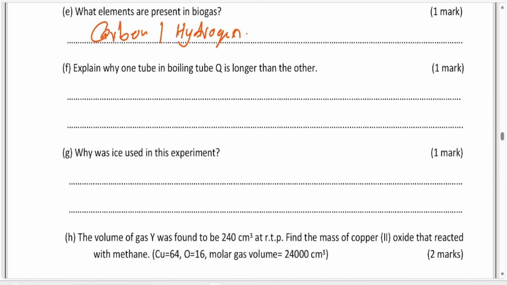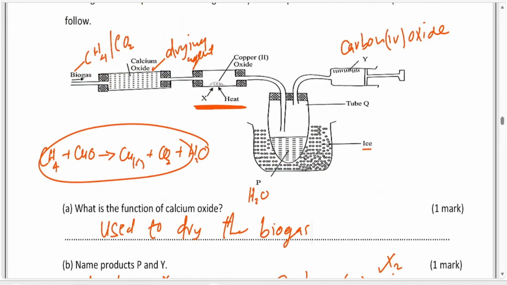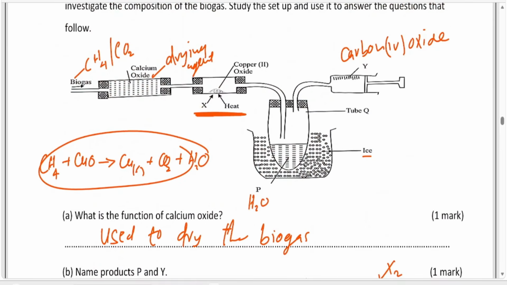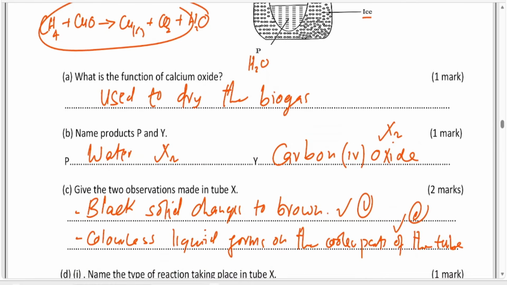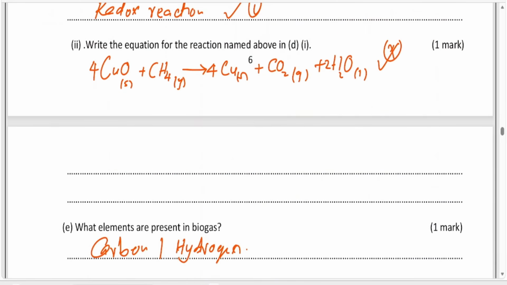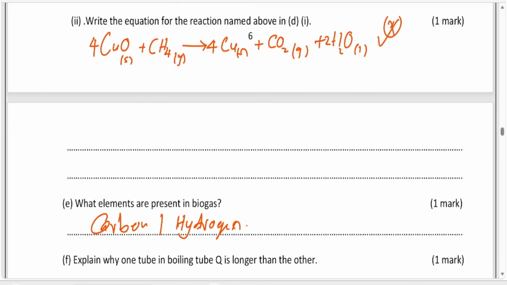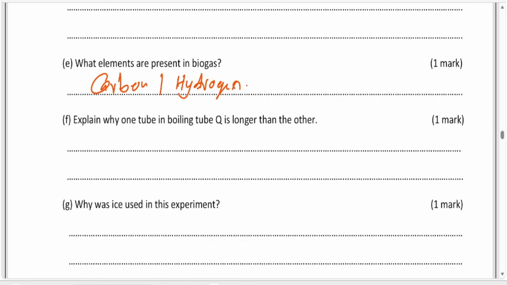Explain why one tube in boiling tube Q is longer than the other. So when you look at the boiling tube Q here, we have this tube and this tube here. One of them is longer than the other. And why is that the case? This is done to prevent backflow of carbon dioxide and water vapor into the combustion tube.